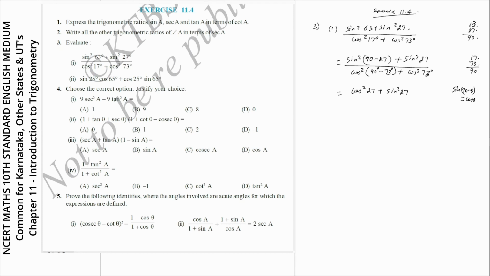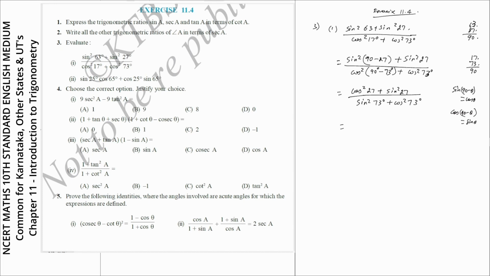Similarly, cos of 90 minus theta is equal to sin theta. Sin will change to cos, cos will change to sin. So sin square 90 minus 27 I got as cos square 27. In the denominator, cos square of 90 minus 73 is there, so I will get sin square of 73 degree plus cos square of 73 degree.